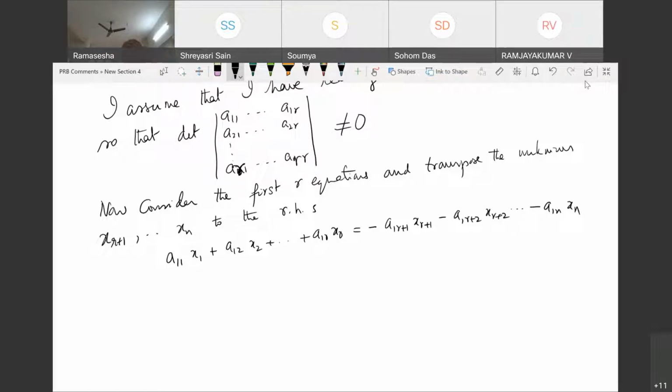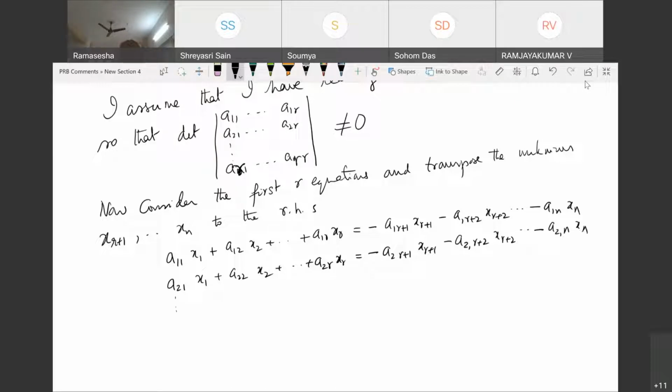Similarly, I'll have the second equation, which is A21x1 plus A22x2 plus A2R XR is equal to minus of A2R plus 1 XR plus 1 minus of A2R plus 2 XR plus 2 etc. minus of A2n xn.